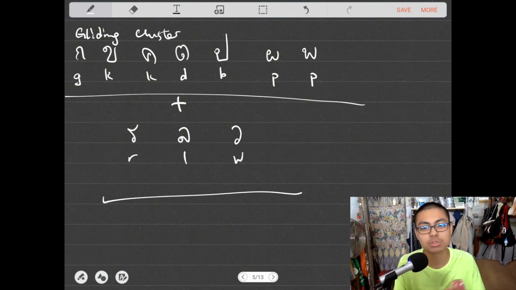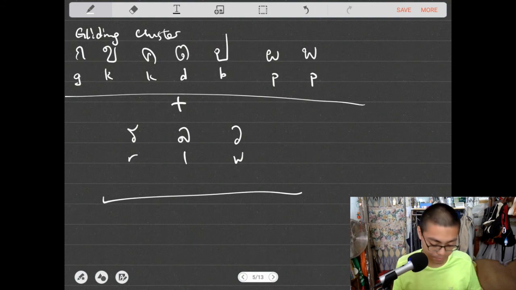Right now, we don't need to care about the class, the initial and final sound. I just show you the cluster. So I have written down the English letters for our convenience.